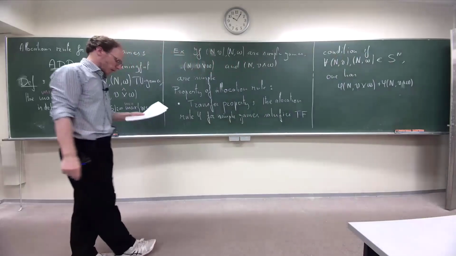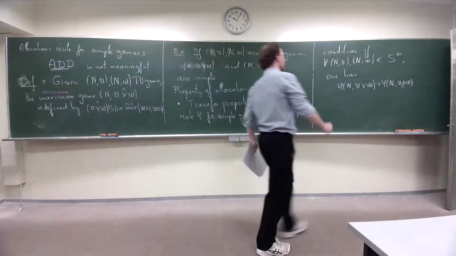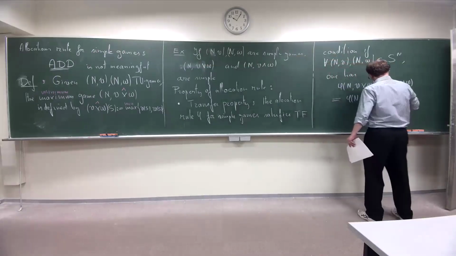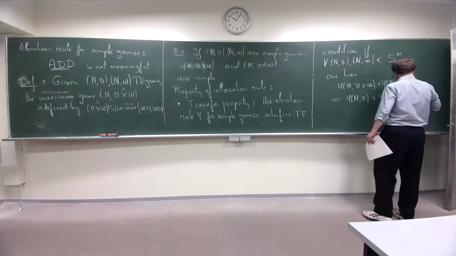These are two games, so I can apply phi is equal to phi of NV plus phi of NW.